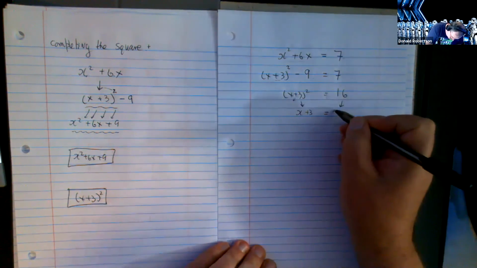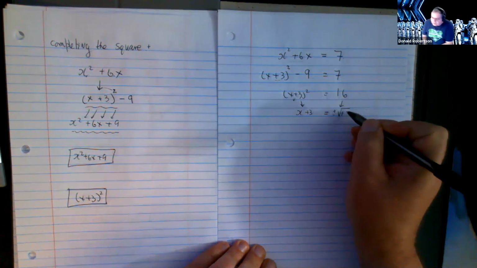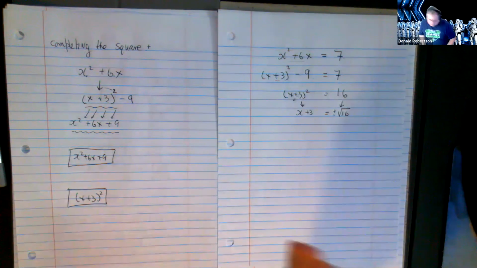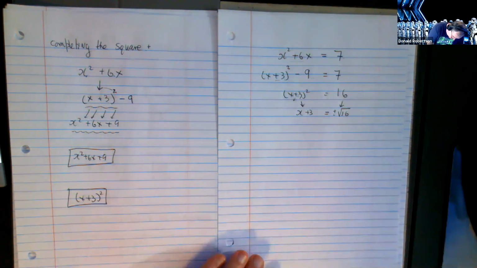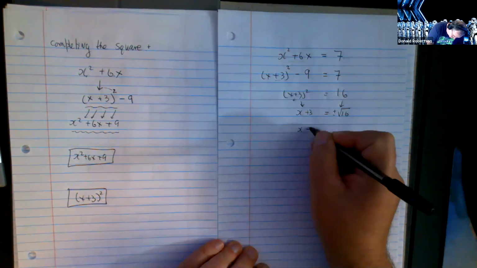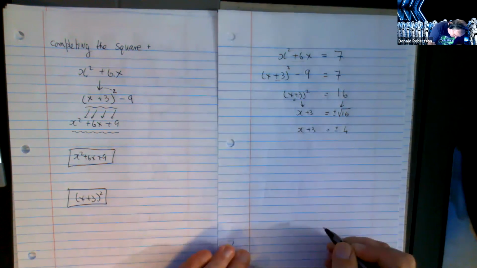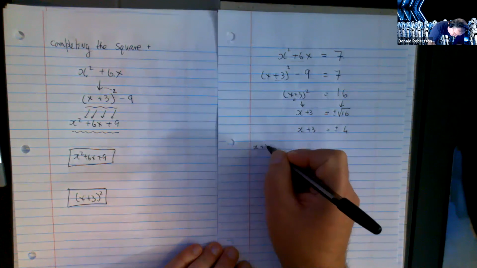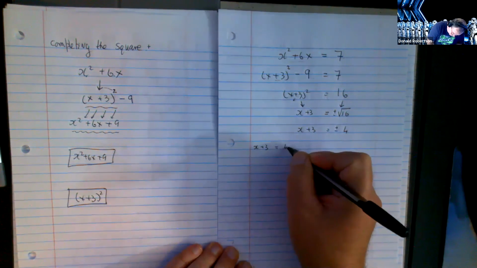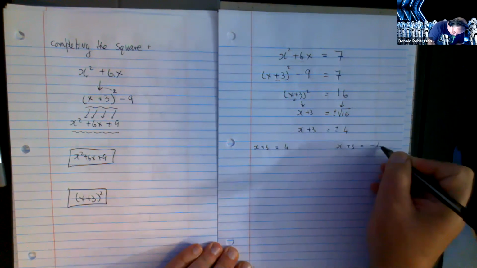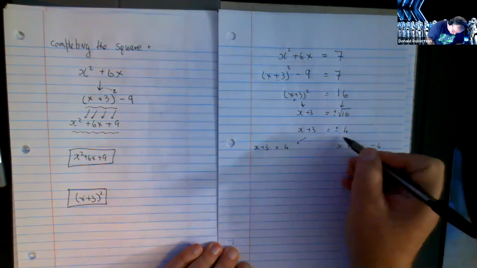Your line looks something like that. What that gets me is plus or minus 4. And then we take the plus version and the minus version, and we basically separate them out.